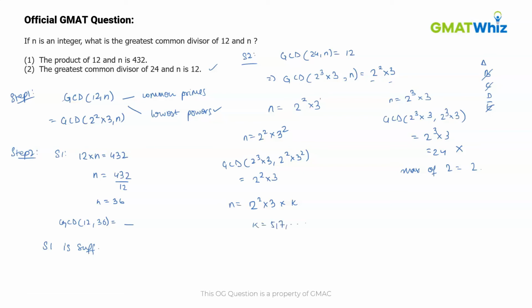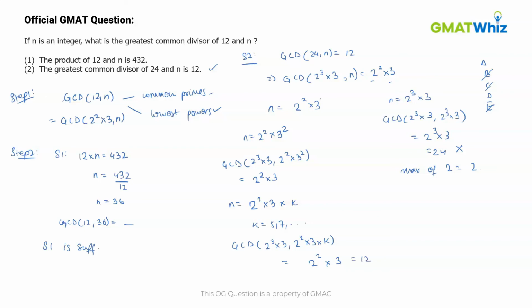In that case as well, when we find the GCD of 24 and n, which is 2 squared multiplied by 3 multiplied by k, since we have to look for common primes, the common primes will be 2 and 3, and the lowest powers would be 2 squared and 3 to the power 1, which gives us 12.